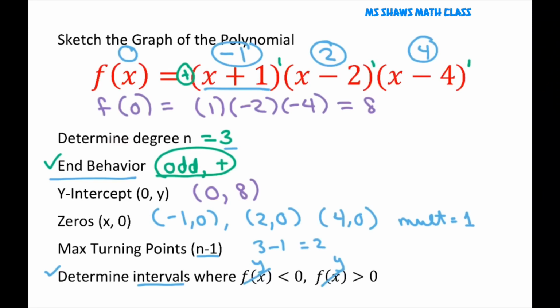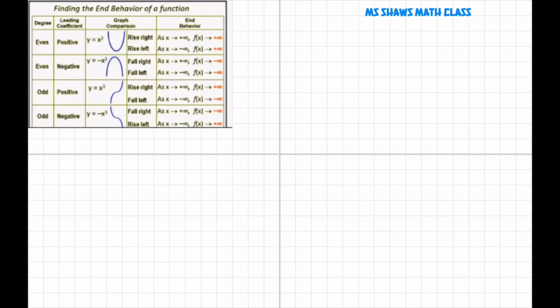We're going back to this. We have an odd degree, and our lead coefficient is positive. So that portion is right here, in this little box right here. So all that tells you is when I graph here, make it a little straighter, that means we're really looking at the end behavior here.